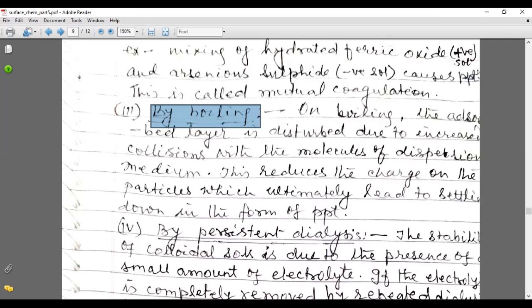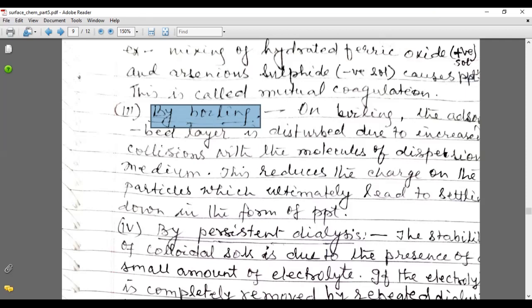The next way is by persistent dialysis. The stability of colloidal sols is due to the presence of a small amount of electrolyte. If the electrolyte is completely removed by repeated dialysis, the sol will get coagulated.